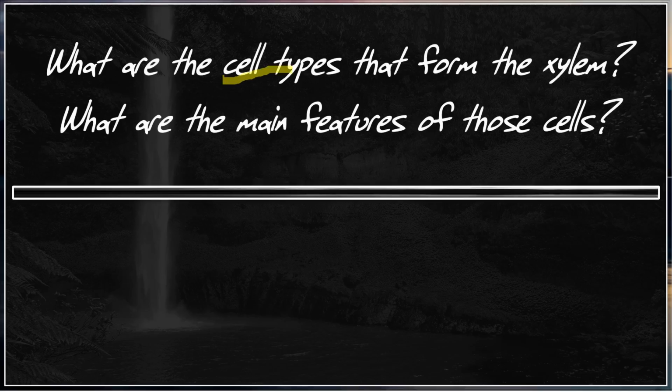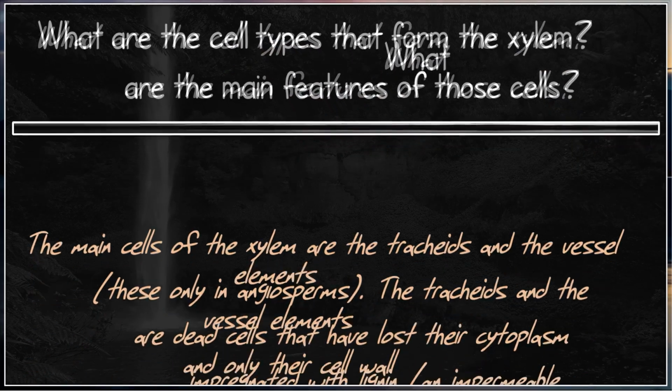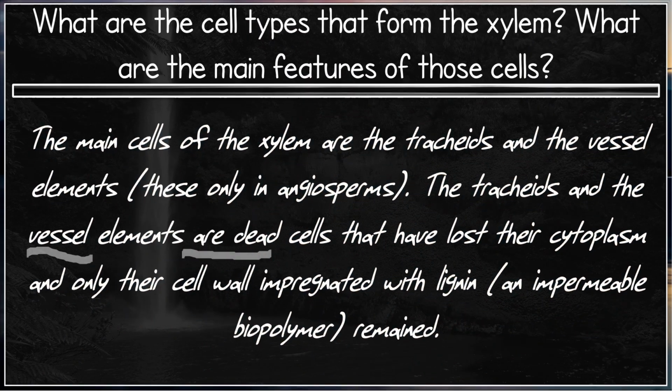What are the cell types that form the xylem, and what are the main features of these cells? The main cells of the xylem are the tracheids and the vessel elements, the latter only in angiosperms.